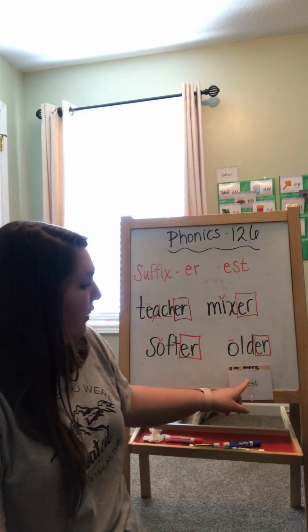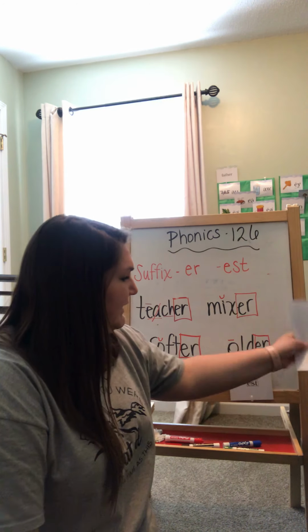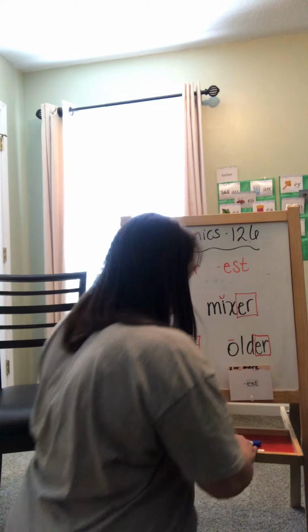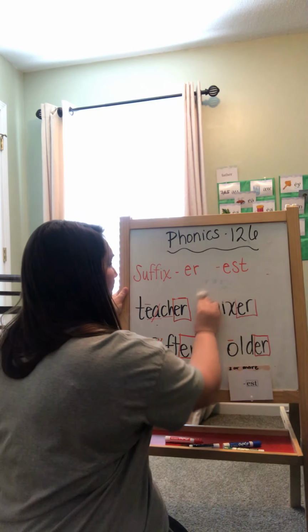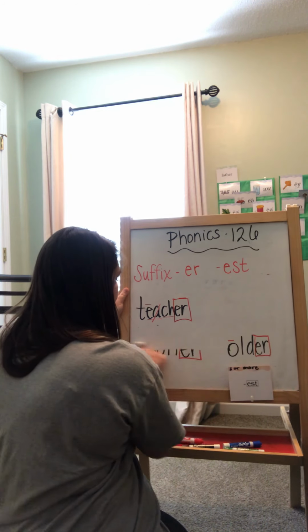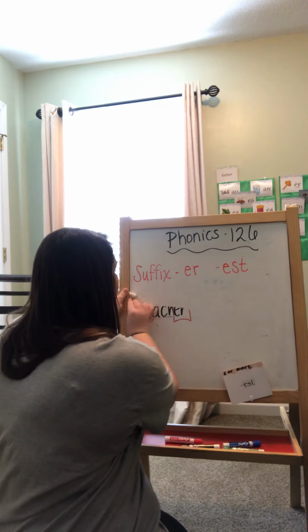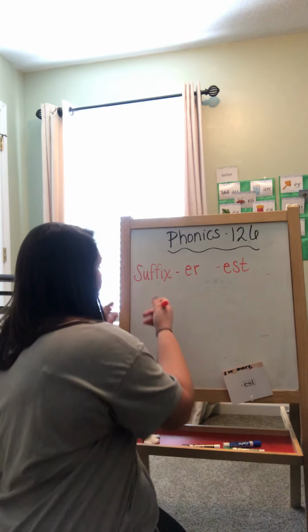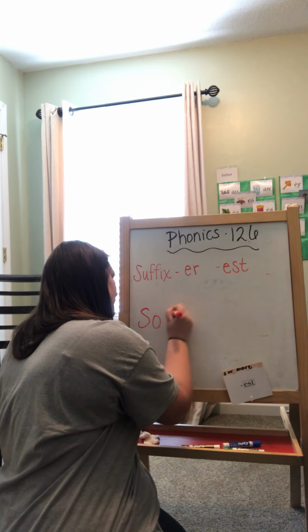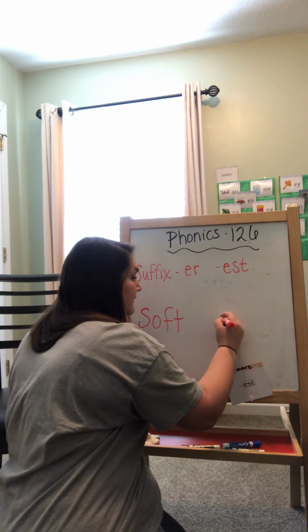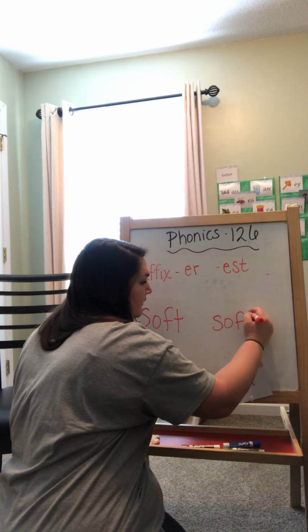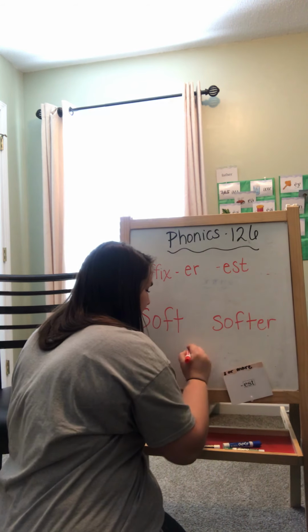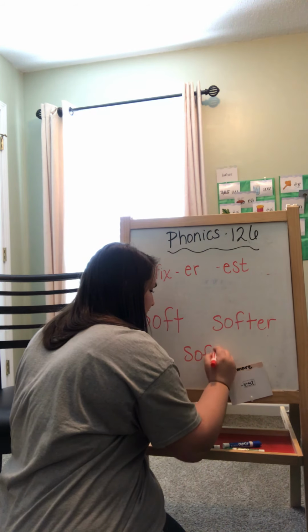All right. Now, when we talk about our suffix est, let's do some of those words together. Let's stick with soft. So I've got soft, softer, and then softest.